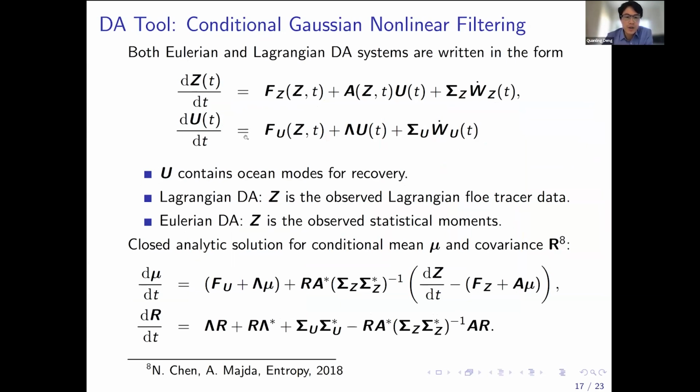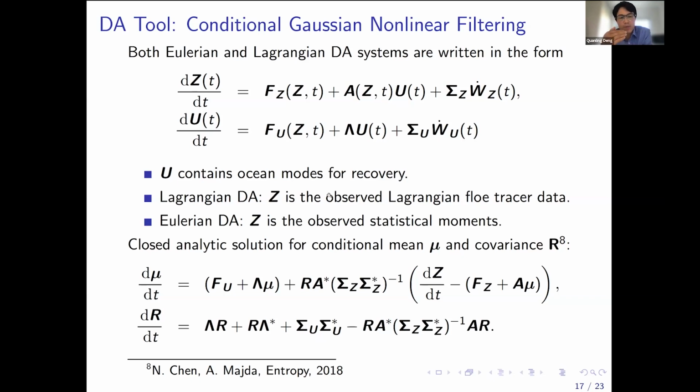And U contains, for example in this case, the information we want to recover, since the data assimilation goal is to better recover the ocean mode or ocean currents, where Z is the observed Lagrangian flow tracer data.